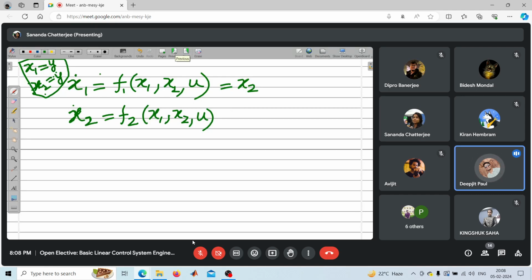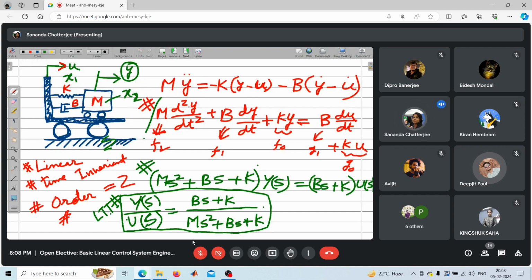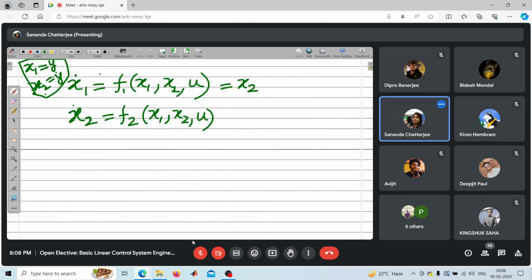Yes, ma'am. And what is x2 dot? x2 dot means double derivative of y, that is x1 double dot, but we want to write it as a function of x1, x2 and u.